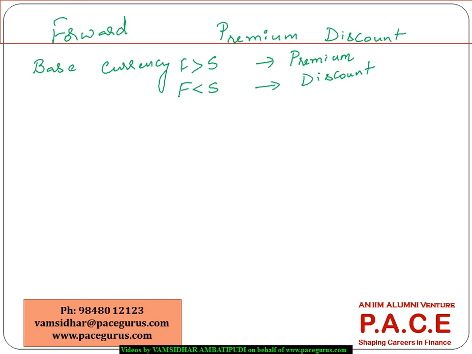And generally the premium or the discount is the difference between the forward rate and the spot rate. And the way it is generally quoted, let's say right now for USD versus euro, or USD versus AUD kind of transaction. Right here, euro is the base currency, USD is the price currency.